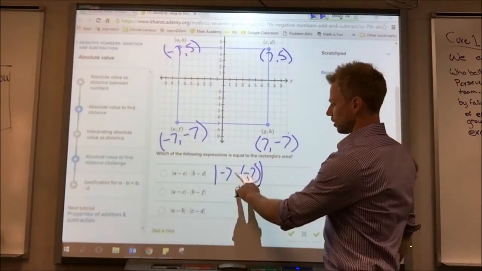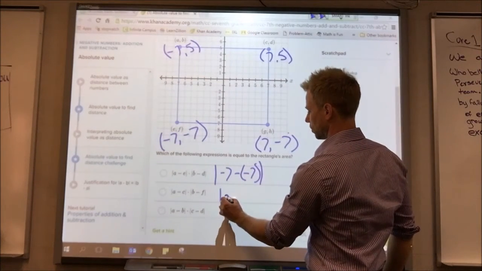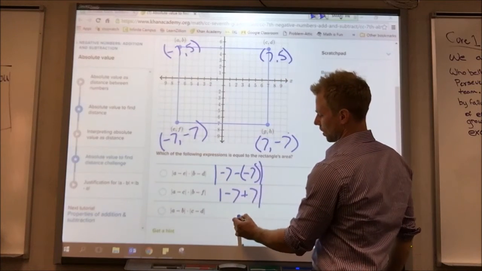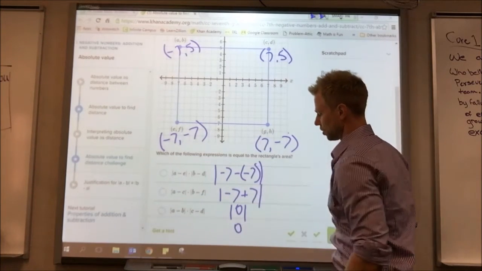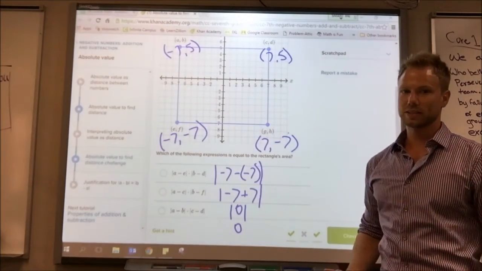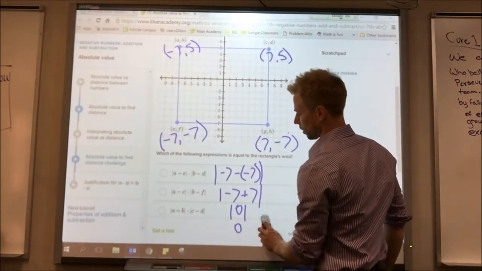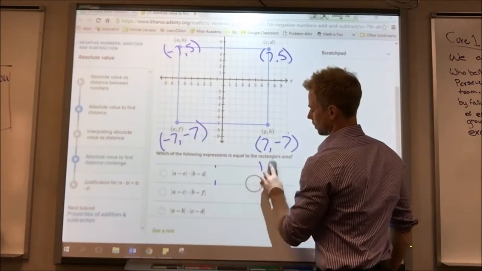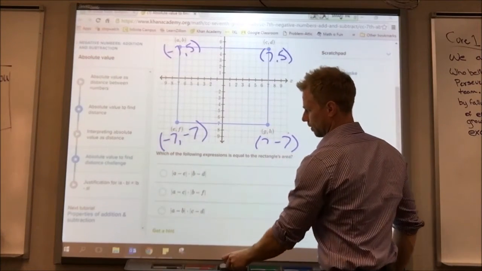Two negatives next to each other becomes a positive, so that actually turns into negative 7 plus 7. Negative 7 plus 7 is 0. Absolute value of 0 is 0. So that doesn't give us a side length, so that doesn't work. We know that one's not right. Okay, so we'll erase that.